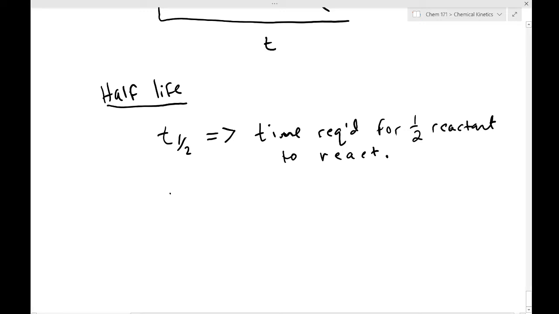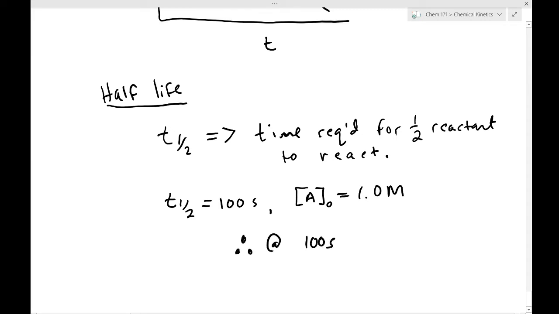So for example, if I have a T1/2 for some substance of 100 seconds, that means that if I have an A0 of, let's just use the same as we did before, 1.0 molar, then at 100 seconds of going through the reaction, the concentration of whatever species at that time, T equal 100, is going to equal 1/2 of this, so that would be 0.5.